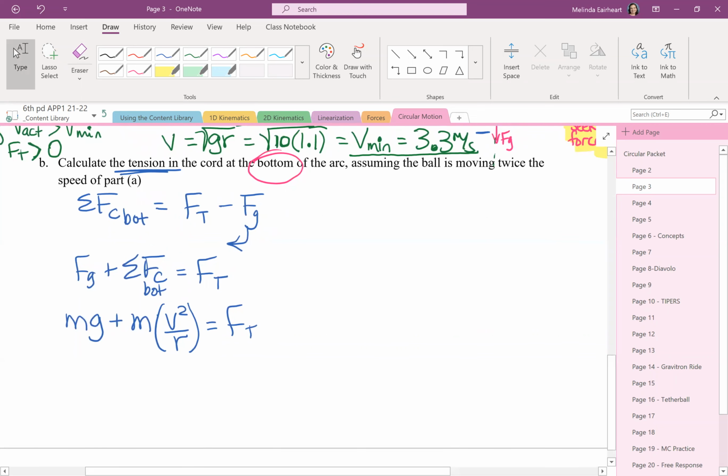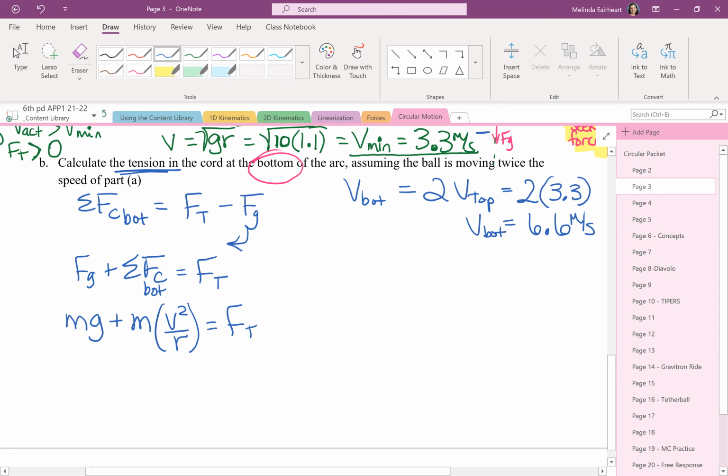Assuming the ball is moving twice as fast as it was at the top. And so v at the bottom is equal to 2 times that it was at the top, which we found to be 3.3. And so 2 times 3.3 is 6.6.